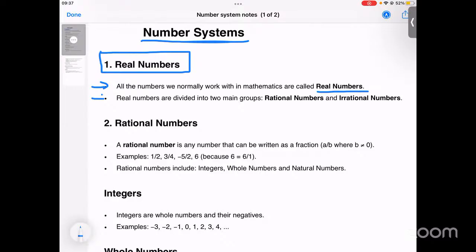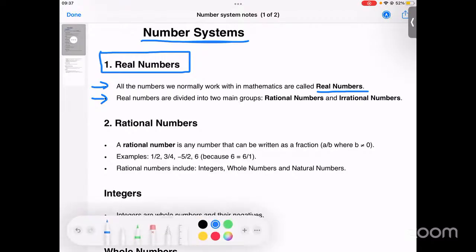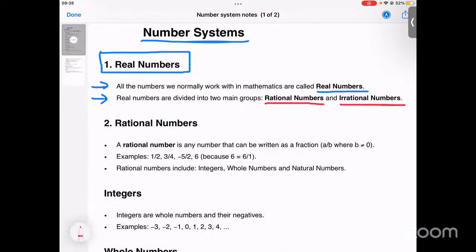And again, please be aware that these real numbers can be divided into two main groups. It is very important that you are aware that real numbers can be divided into rational numbers and irrational numbers.